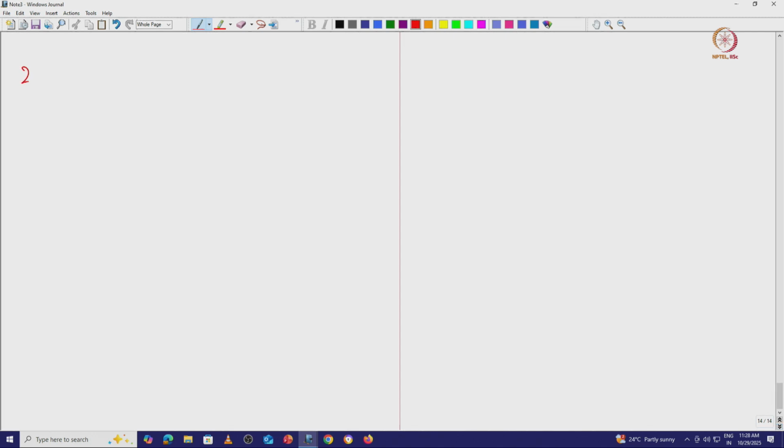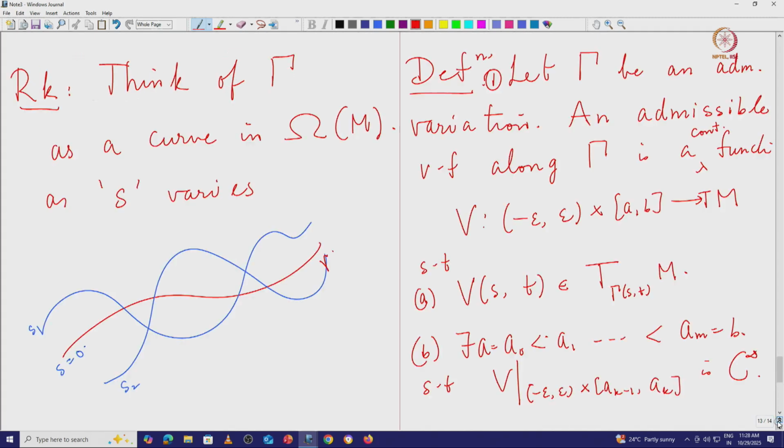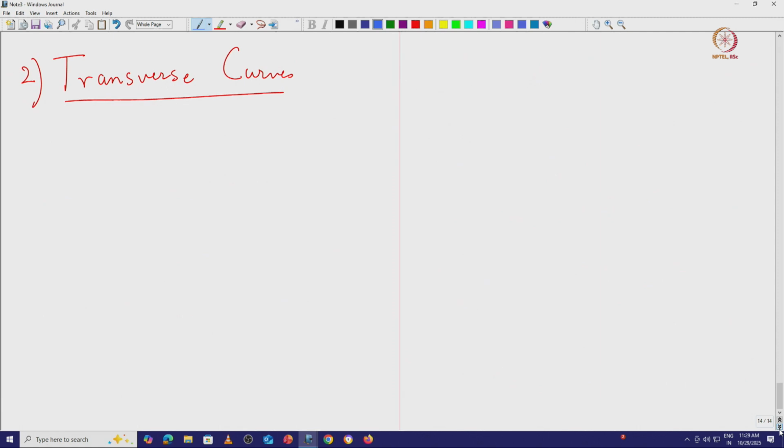We also need a definition for transverse curves. So, if you go back to the picture, we have these curves in gamma. The transverse curve is basically a curve that you get by fixing a t. So you have all these curves in your variation. If you fix a t, you basically get another curve. That is what you call a transverse curve.